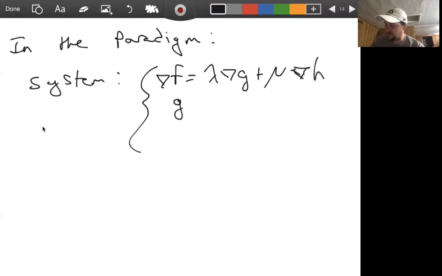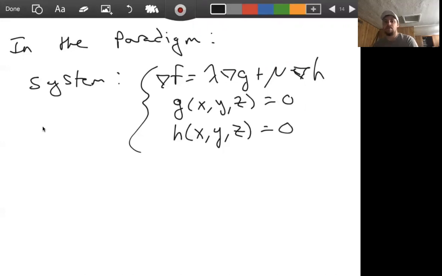And then we also have g of x, y, z equals 0 and h of x, y, z equals 0, right? So we get this system now instead. And so again, it can make the algebra much more difficult. But the method is identical.